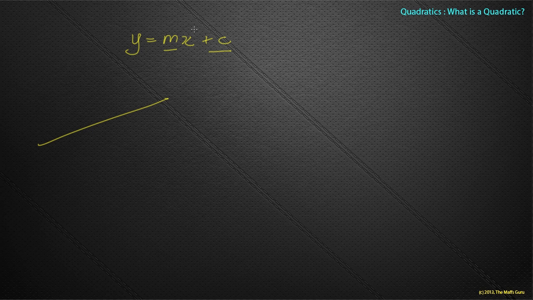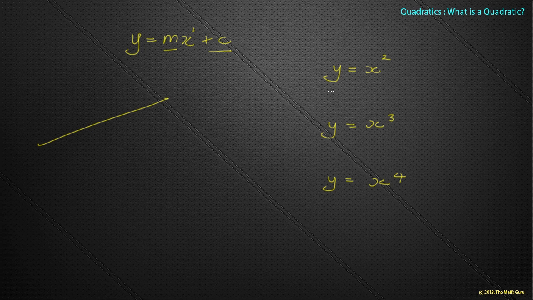We notice here that this power of x has, let's say, a floaty 1. What happens if we had an equation with an x with a floaty 2, or an x with a floaty 3, or an x with a floaty 4? I think you can probably guess that this can go on.